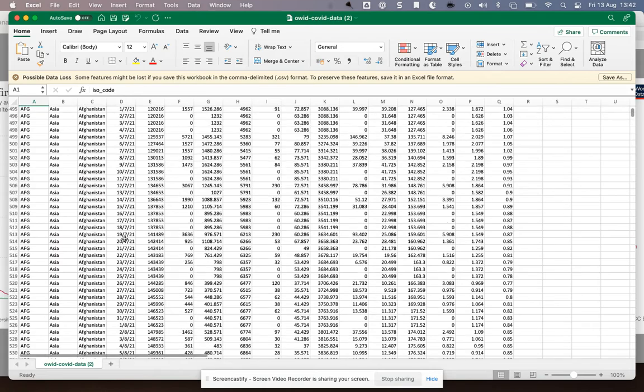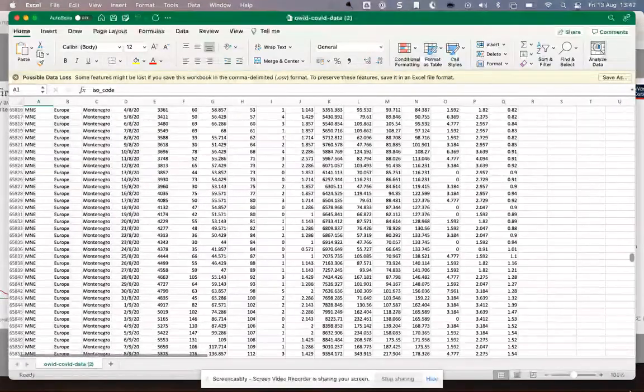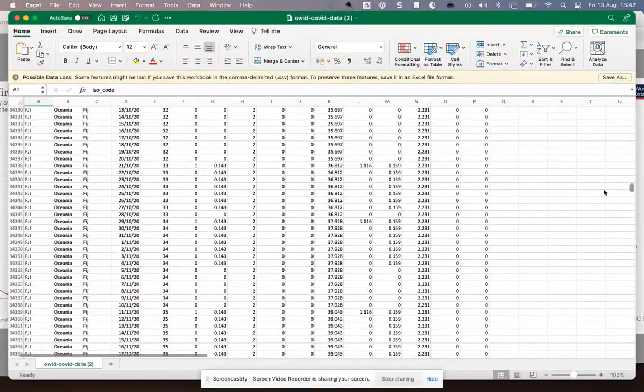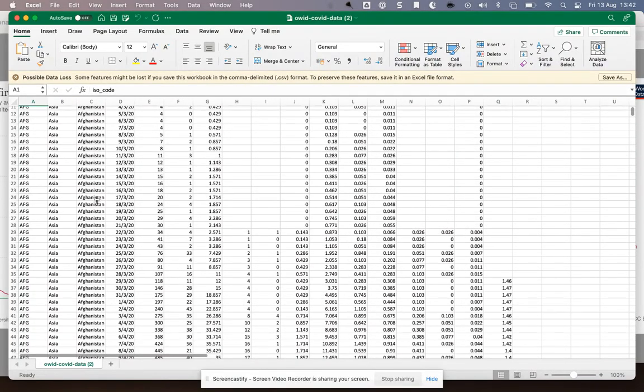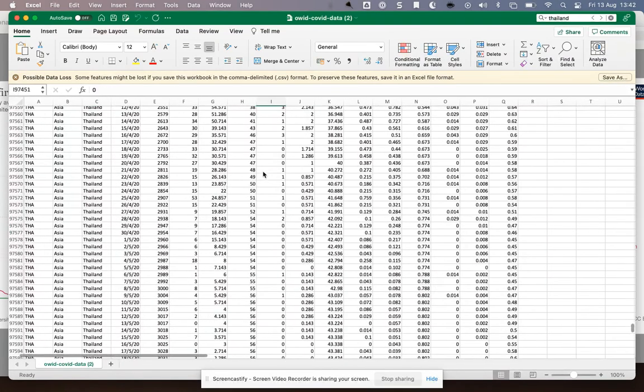Now this is everything. It's a huge database. So I might just pull out the Thailand stuff and compare it that way. The easiest way would be to filter for Thailand. It'll take a minute to find all that because it's such a huge data set. Still looking. Okay, there we go.